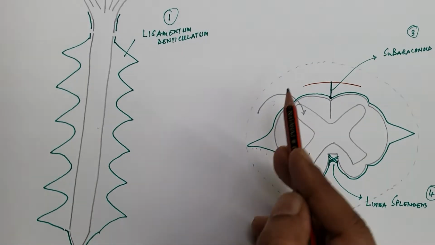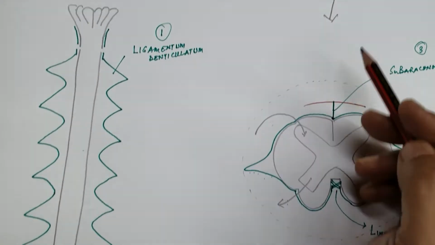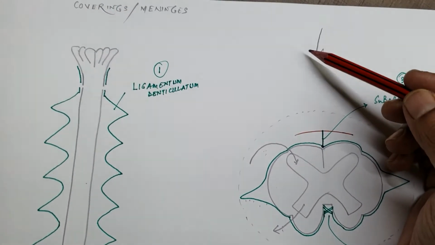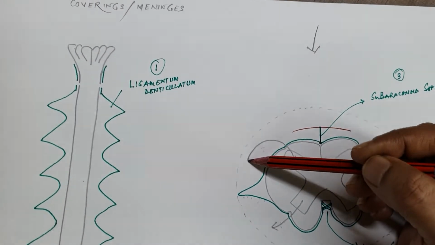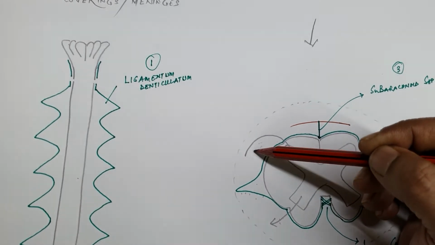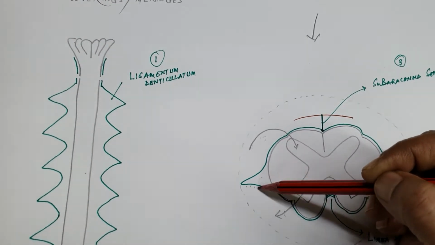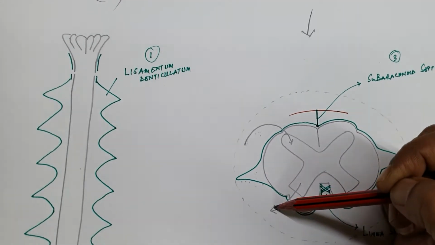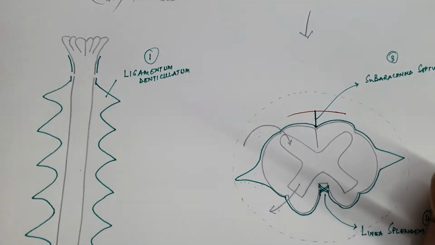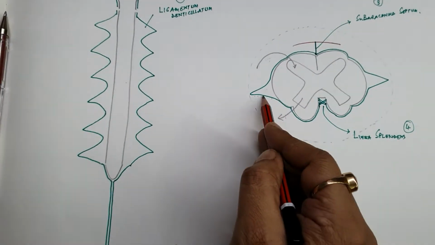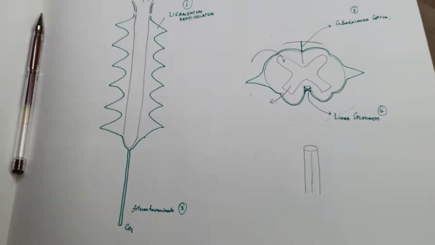When a neurosurgeon approaches from the back, the nerve the neurosurgeon gets in front of the ligamentum denticulatum is motor, and behind the ligamentum denticulatum is sensory. So the ligamentum denticulatum is a guide for the neurosurgeon.